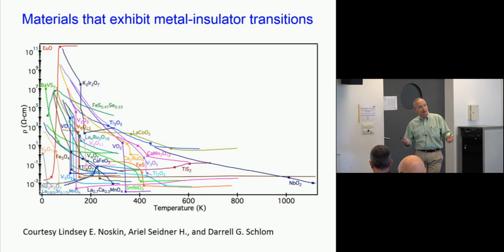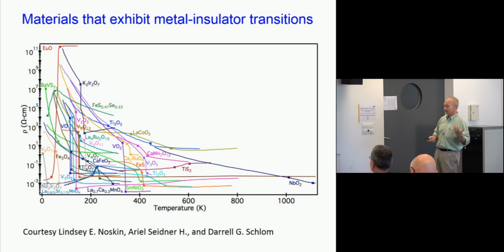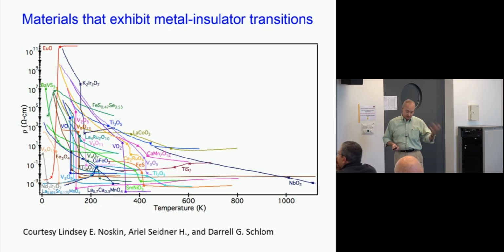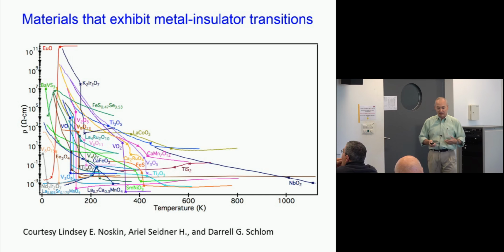People are constantly looking for new materials that would at least supplement silicon in technology, right? And silicon, of course, works very well, but as you know, one of the problems with silicon is that if you try to keep making more and more transistors on a chip, you generate a lot of heat, right?